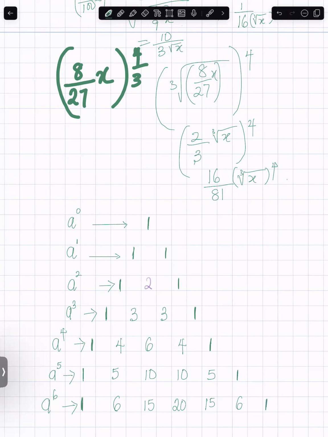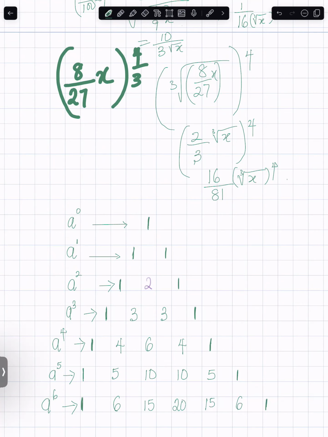So you can continue this for as many powers as you want. It is an easier form of expansion. So you don't have to stretch your brain, you don't have to write the expansion in 6 different places or 4 different places. So with the idea of a Pascal triangle, you should be able to solve complex equations that you need to expand.